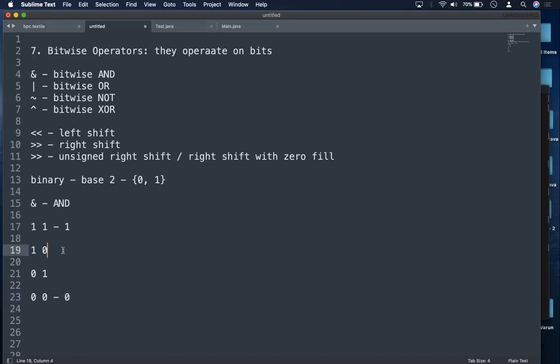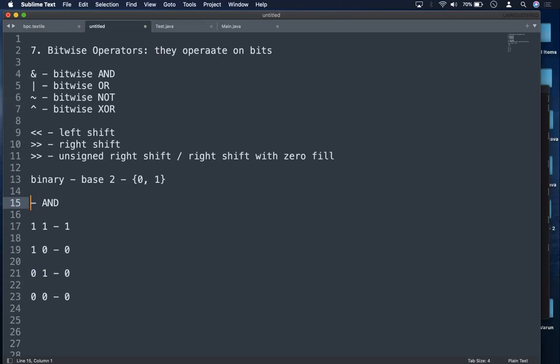So only when your bits are 1 and 1, it is going to give you 1. Rest all cases it's going to be 0. Just like your logical AND, true and true gives you true. In the same fashion, your bitwise AND will provide 1 if both the inputs are 1 and 1, else it is going to be 0.